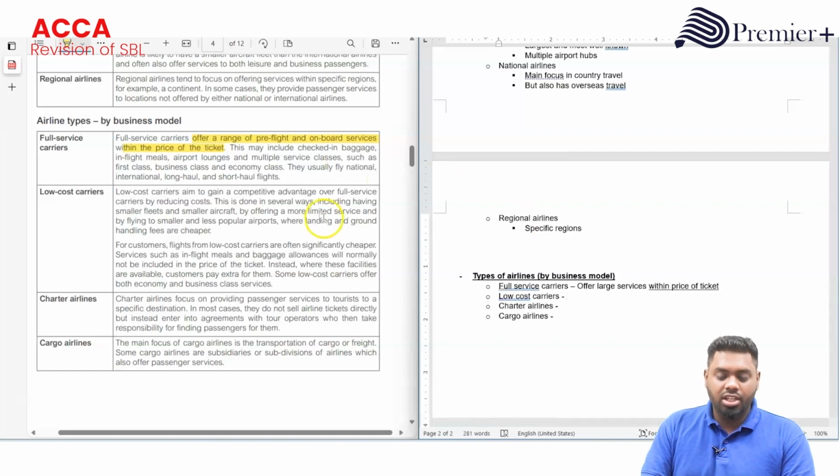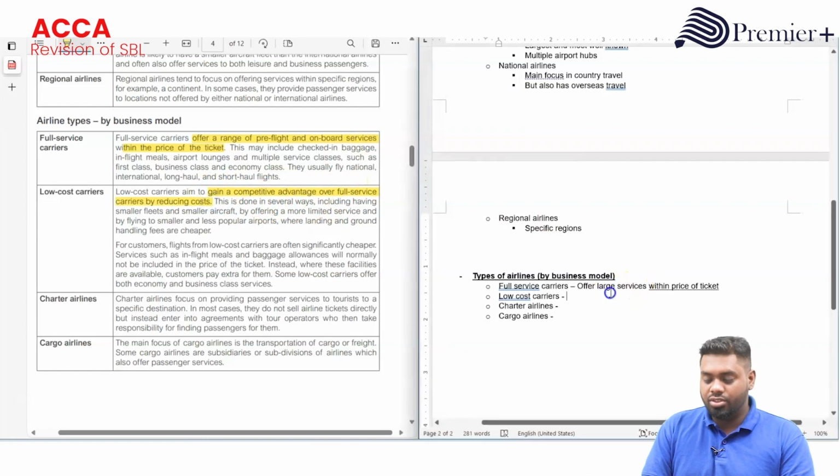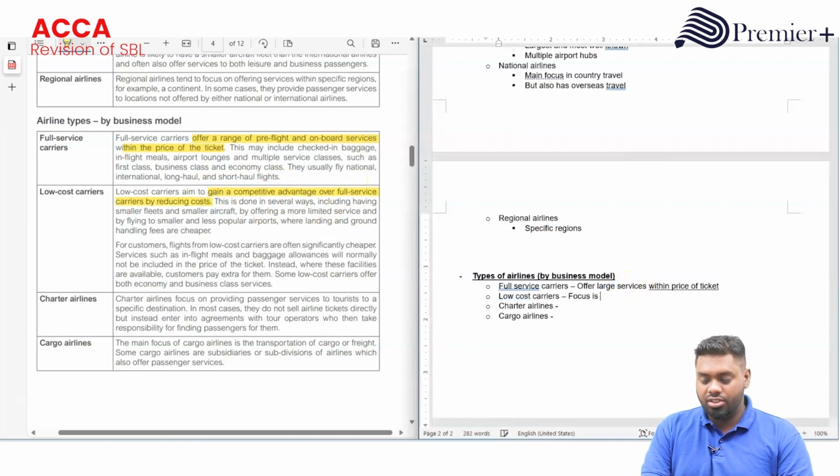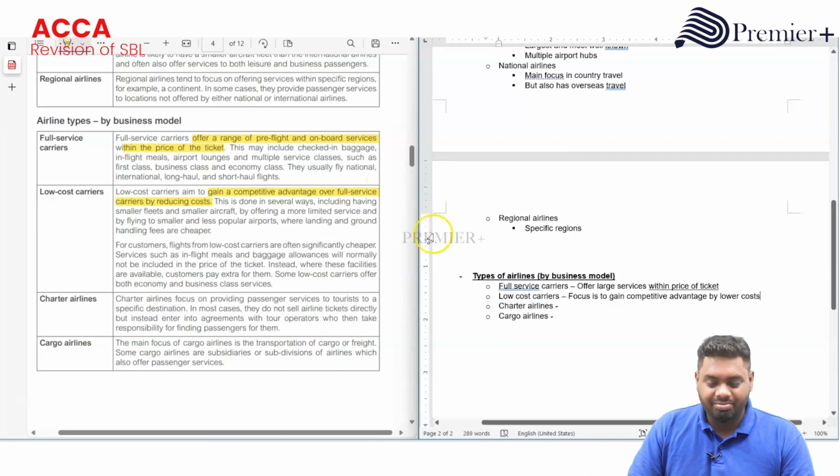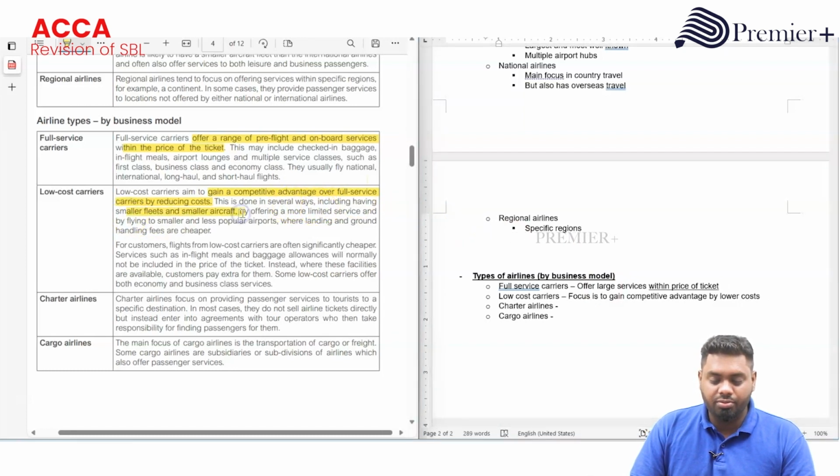Low cost carriers aim to gain a competitive advantage over full service carriers by reducing costs. This is done in several ways, including having smaller fleets and smaller aircraft, by offering a more limited service, and by flying to smaller and less popular airports where landing and ground handling fees are cheaper.